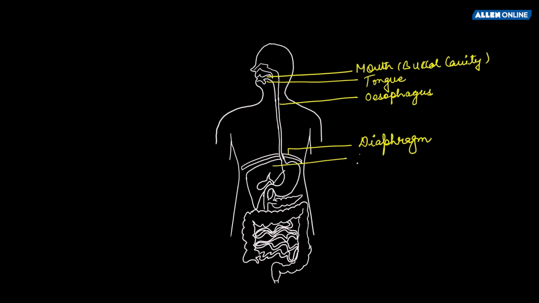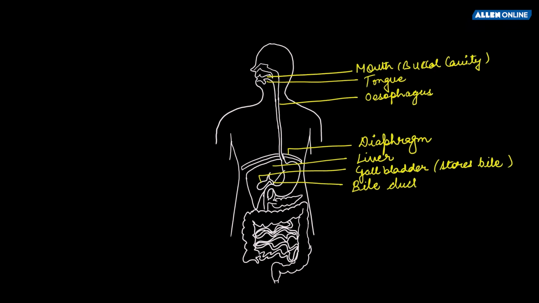Then the liver. The gallbladder. That stores bile. The bile duct. The stomach. Pancreas.